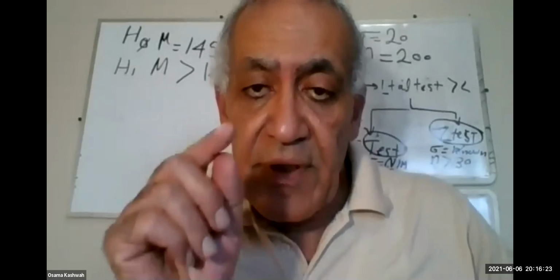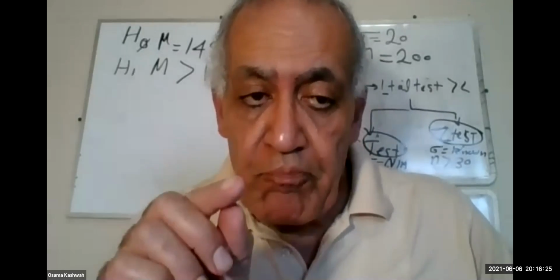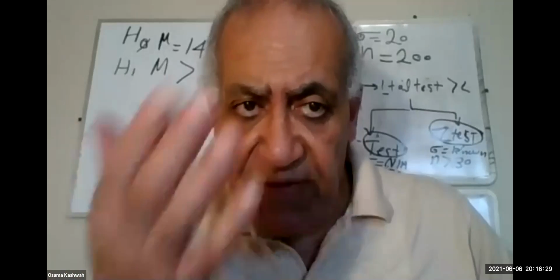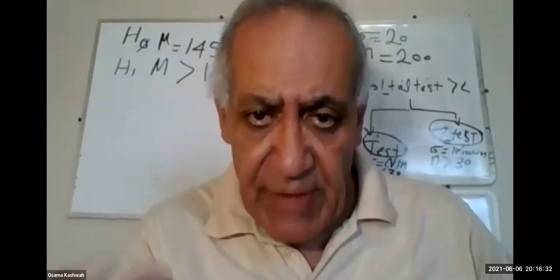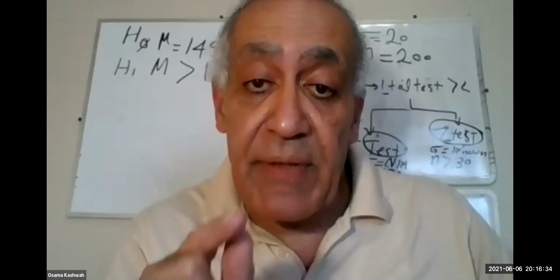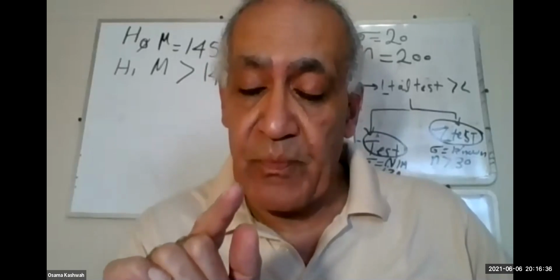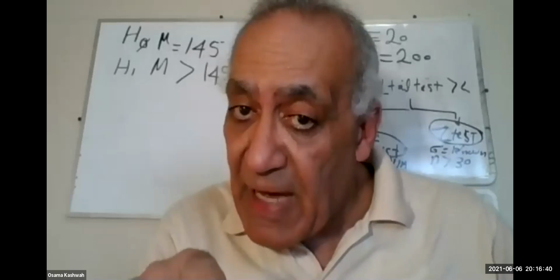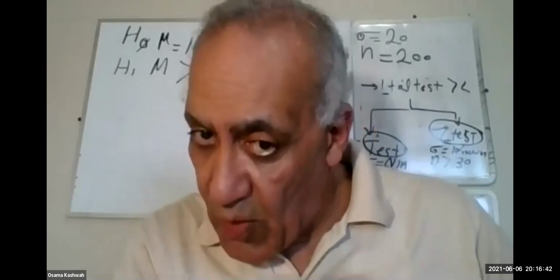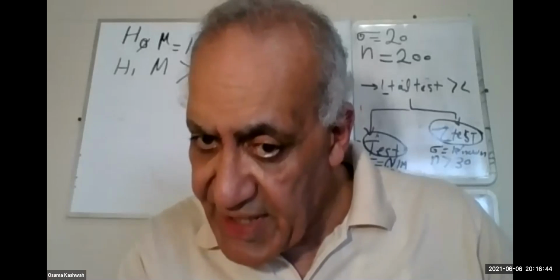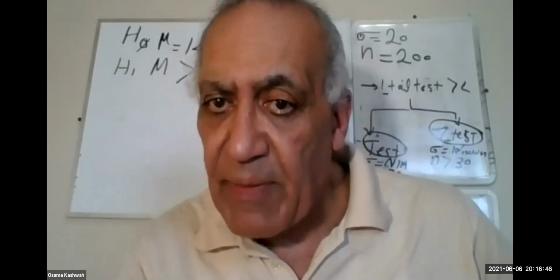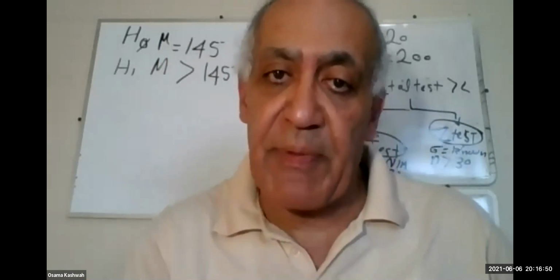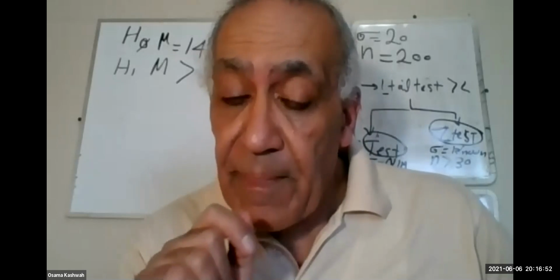Sigma is the standard deviation. If the sigma of the population is not known, but they give me the sigma of the sample, no worry about this. It's okay, I will use it instead of the sigma of the population.